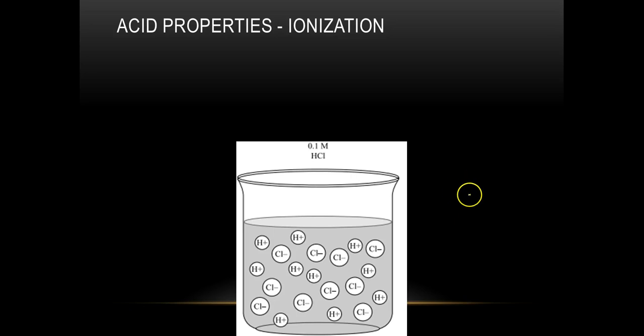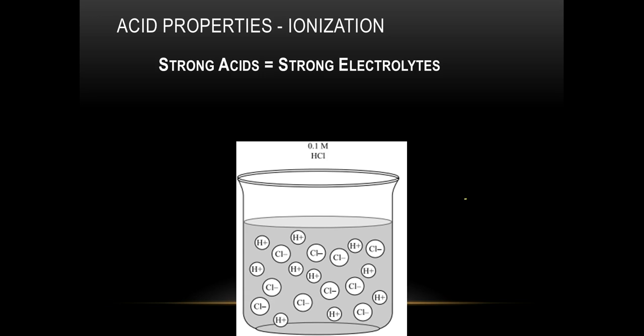All right, let's talk about ionization of acids. There's different types. We have strong acids. Now, a strong acid is something that is going to be very reactive. The reason why it is very reactive is because it is a strong electrolyte, and that means that it has ionized 100%. All of the H pluses on the acid have broken off, like you see in this picture here. So here we have some hydrochloric acid, and it's a covalent compound.